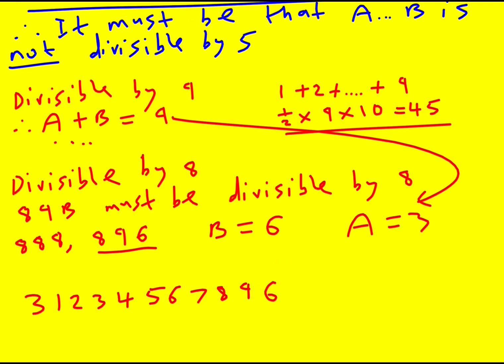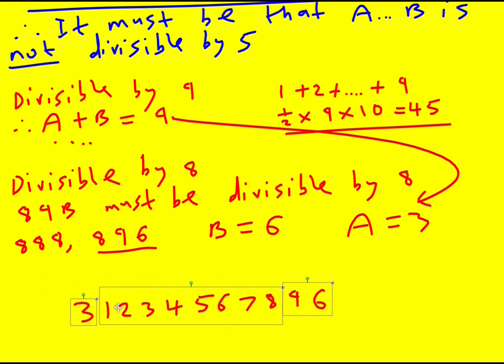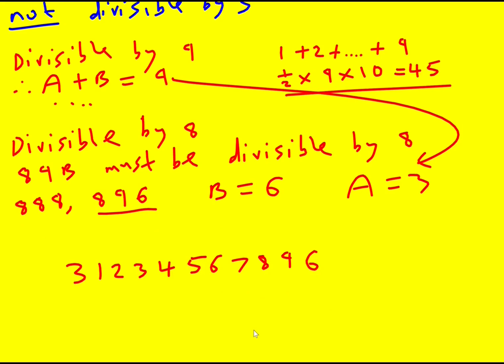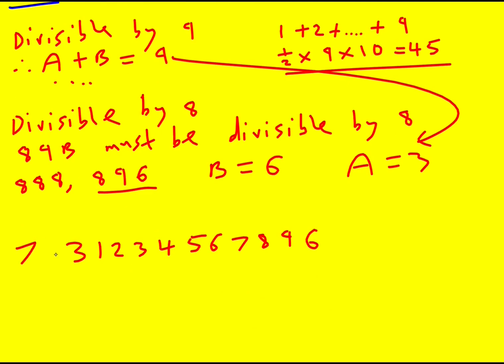Now, the only thing we've not done, and we should do, is just check that it is divisible by 7. This reinforces to us that we've got the answer, and for completeness, we need to show it. So here we go. 7's into 31. We're going to get another 4 here.